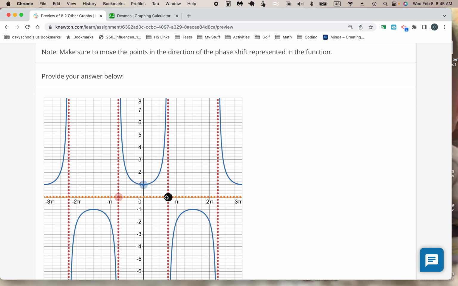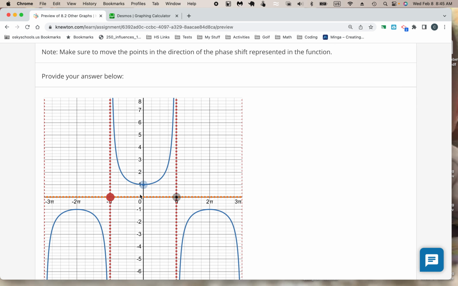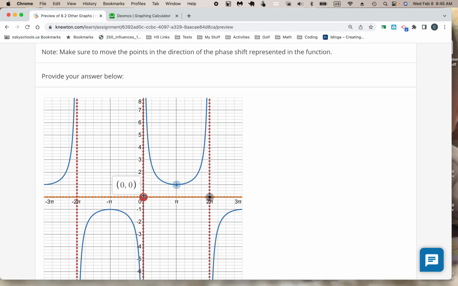I can see that if I'm on -pi and the other side is on 3pi, I'm in the right spot. One thing I have to remember is that this vertical asymptote should start on 0, so I'm dragging it back to where it was to start once I've made the period 4pi.